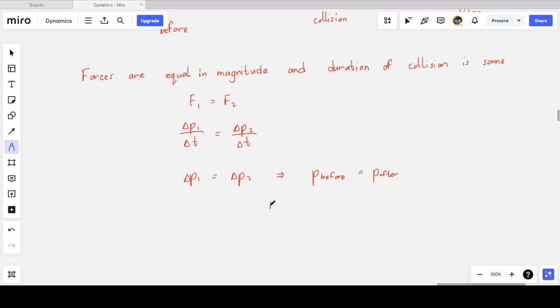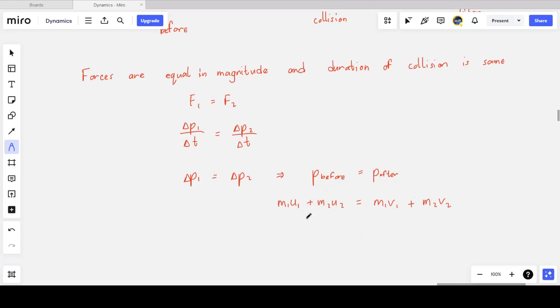So if I were to write this as an equation, I would write down the sum of all the momenta before the collision, m1u1 plus m2u2. After the collision, all of the momenta are m1v1 for the first ball plus m2v2 for the second ball.